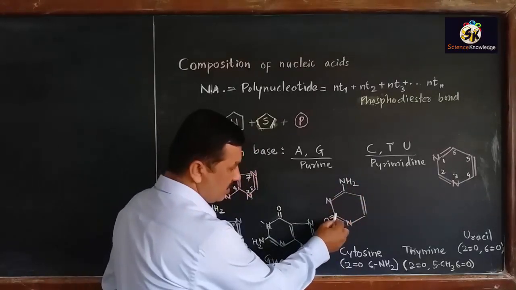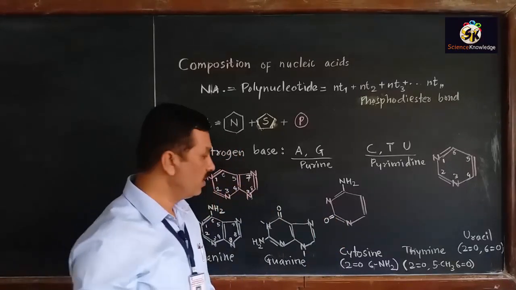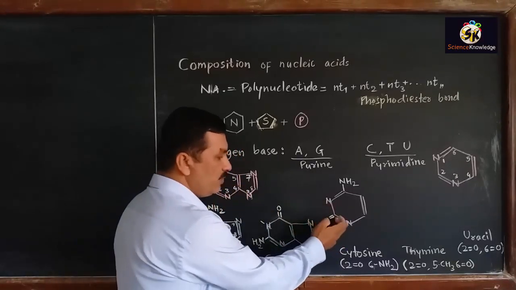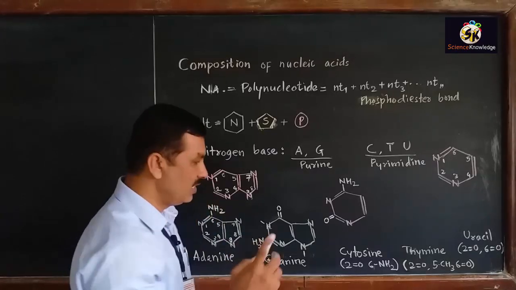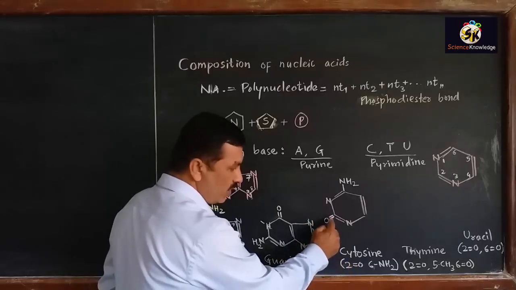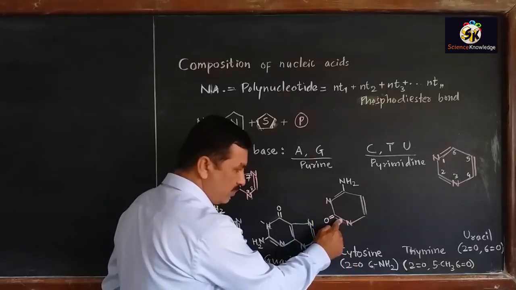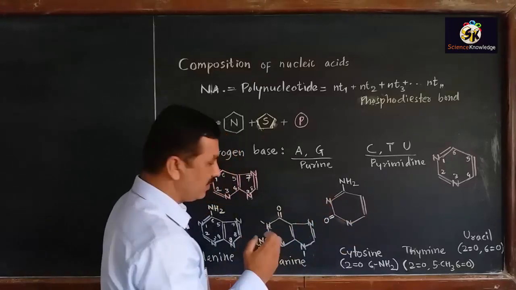Now let us check for double bonds. Carbon here, bond 1, 2, 3, 4, 5. But it must have 4 bonds. Right. So what will we do? The oxygen already has a double bond, so we will not delete this one. We will delete the double bond between carbon number 2 and nitrogen number 3.